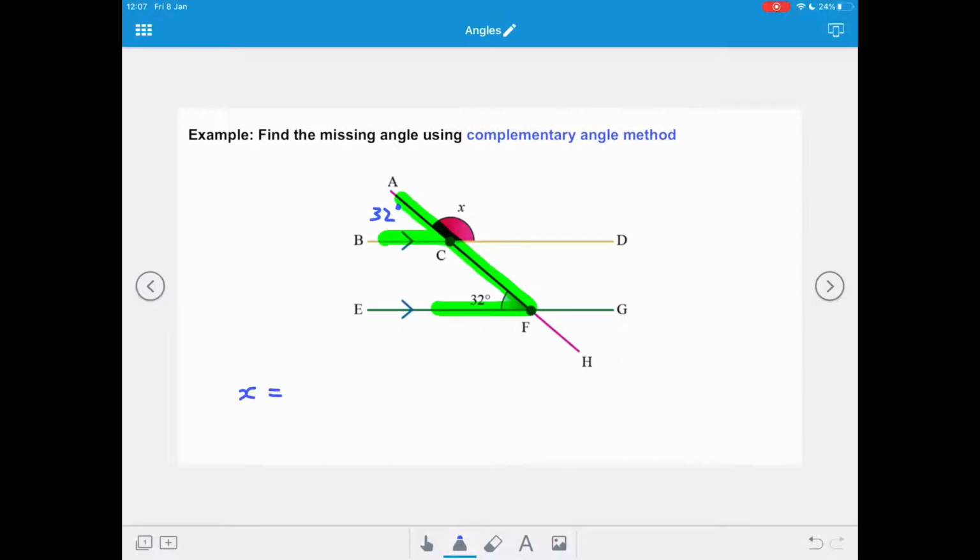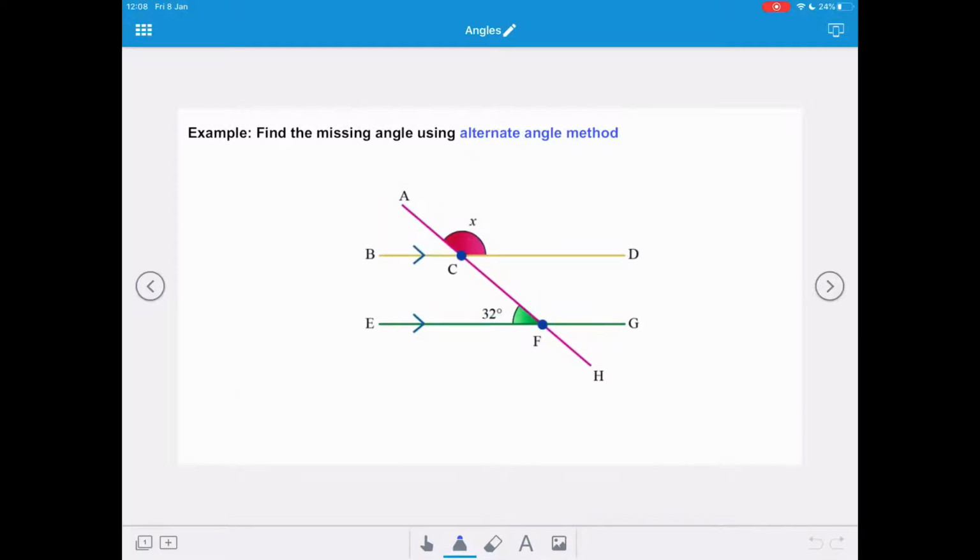So we can say that X is a straight line, or is the supplement of that 32-degree angle. So we can calculate X by taking 32 away from 180. So 180 take away 32, and that gives us an angle of 148 degrees.